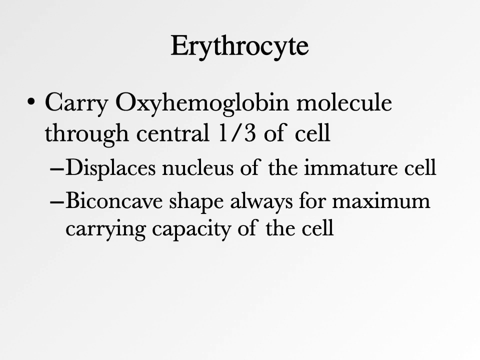As it displaces the nucleus, there is nothing there to support the cytoskeleton of the cell, and it leads to a collapse of the central third of the cell, which forms a biconcave shape. This biconcave shape is important because it's going to increase the surface area for the cell to interact with gas, as well as increase the area that the hemoglobin molecules can reside.